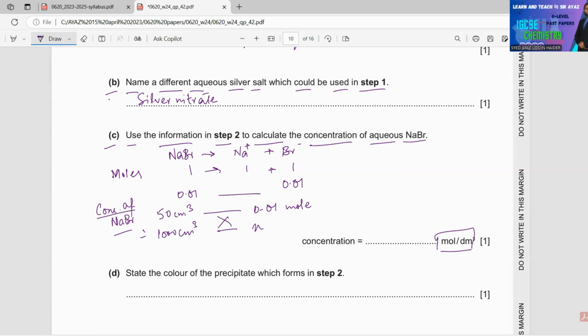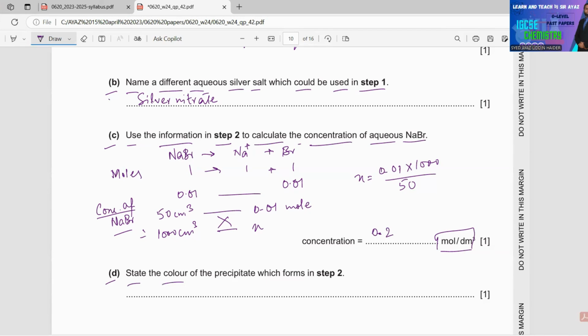Do the cross multiplication and you will get X is equal to 0.01 multiplied by 1000 divided by 50. So we'll get 0.2 mole per dm cube. So I will write 0.2 here.